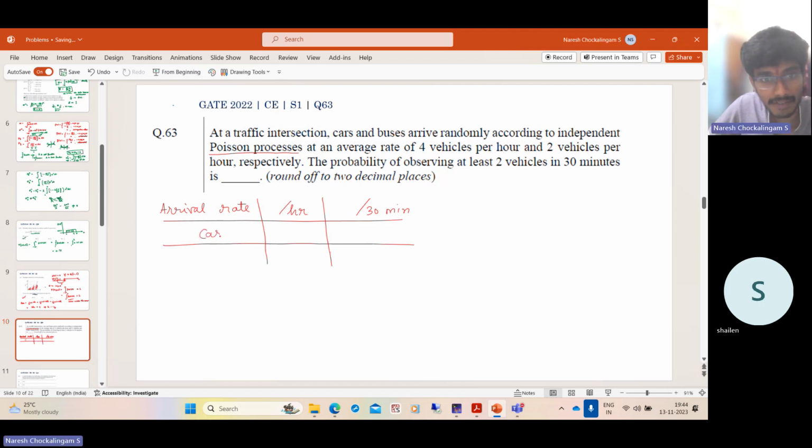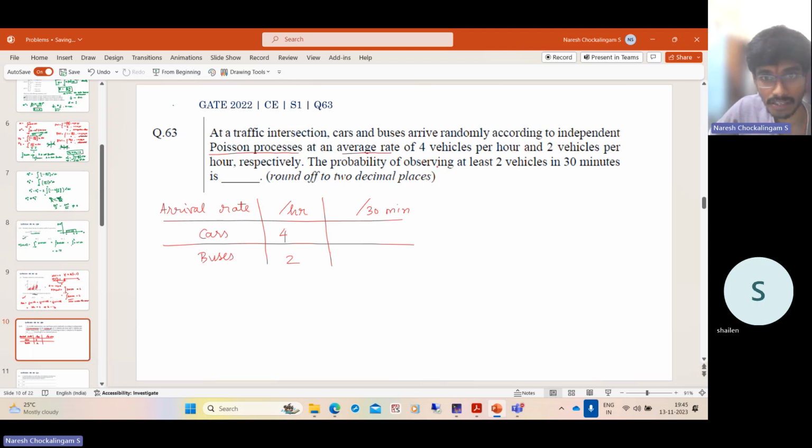If you take cars, it is given that they arrive at 4 vehicles per hour. So the average rate of arrival of cars is 4 vehicles per hour and buses is 2 vehicles per hour. So this is an average rate and this is per hour.